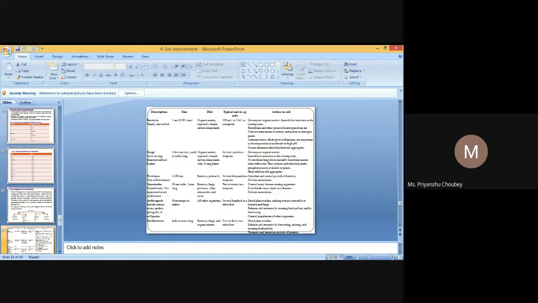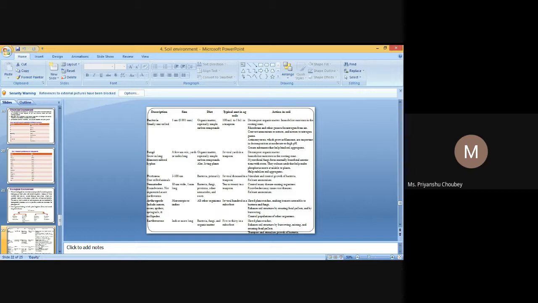Action in soil: decompose organic matter and mobilize nutrients in the rooting zone, and rhizobium and other genera fix nitrogen. Convert ammonia to nitrate and nitrate to nitrogen gases.